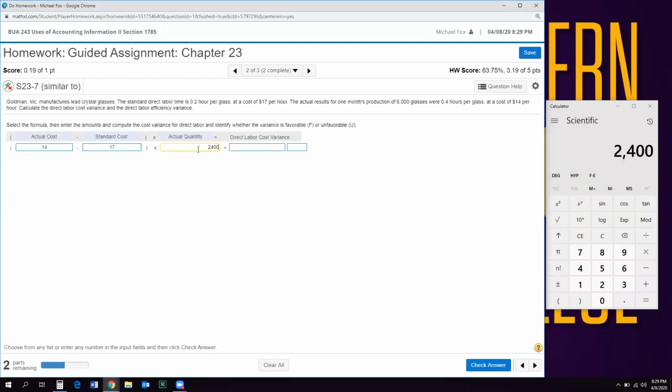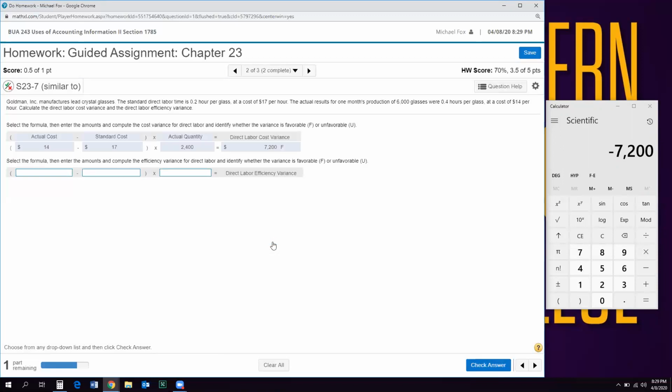So our direct labor cost variance is going to be 14 minus 17 times 2,400. And variance always gets listed as an absolute value. So we're going to show this as 7,200. And then we're going to call this a favorable variance because our actual cost is less than our standard cost. So we consider that favorable when we have a lower cost.